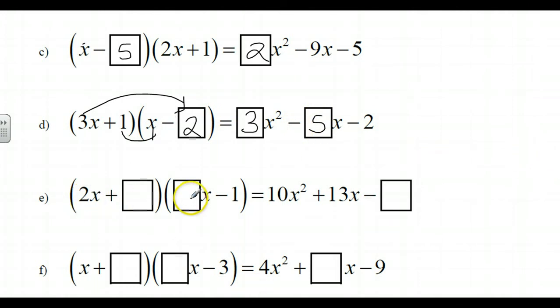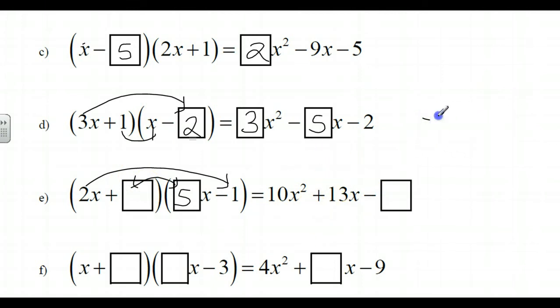Okay, let's fill it in. 2x times what? Well, that has to be a 5 to get the 10. Plus 13x. Ooh, so we've got to figure this out, right? We're going to go with, okay, what will this give me? This is 2x minus 2x. So minus 2 and what gives me plus 13?